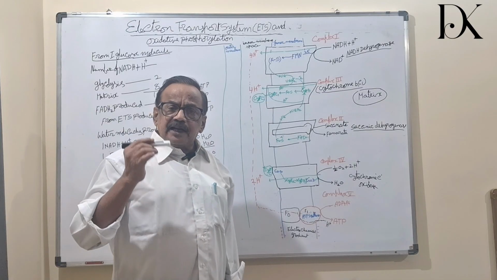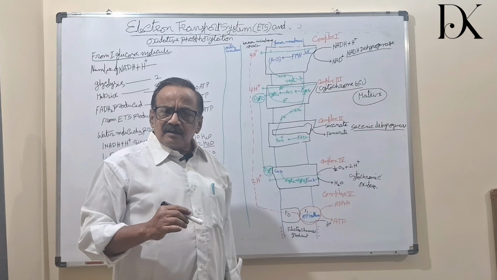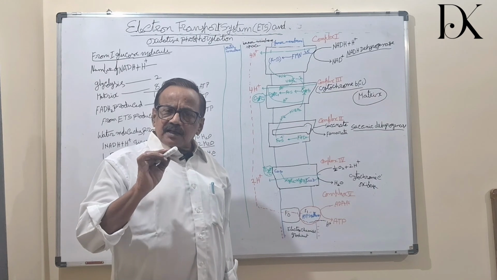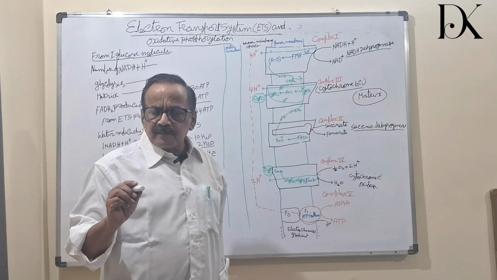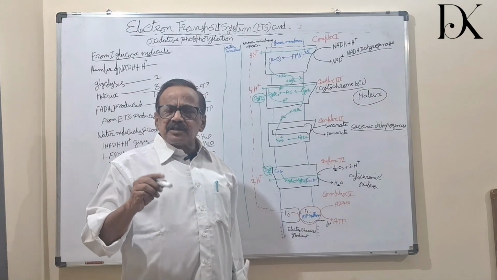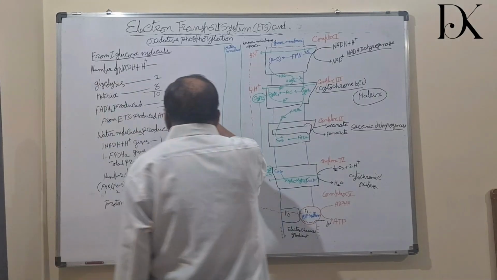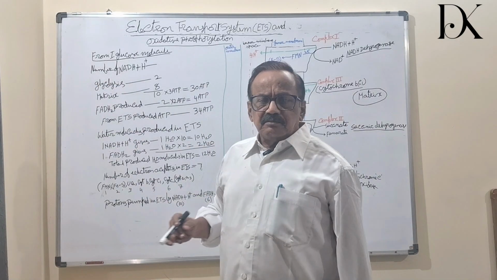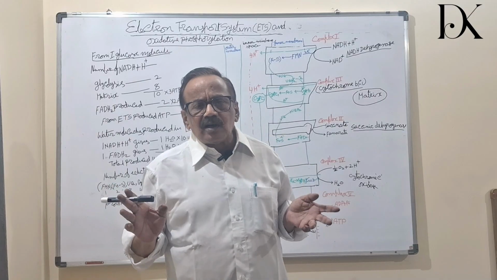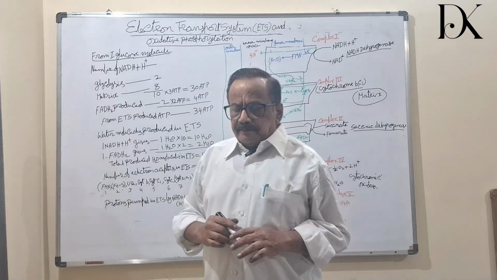And if you see all the things, whatever information I give, you will be able to answer any type of question from the ETS. So total number, how much is produced, all the things, if you note down all the things here and know this, you can give an answer for any type of question. Okay, thank you.